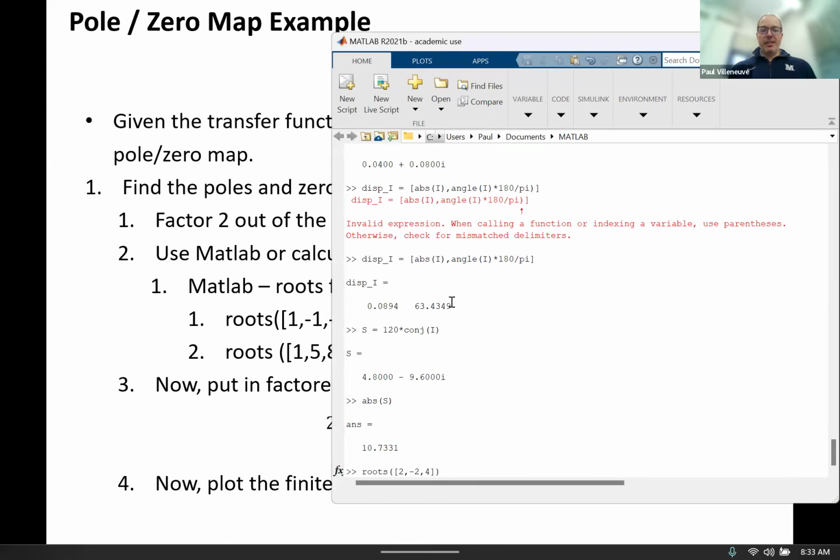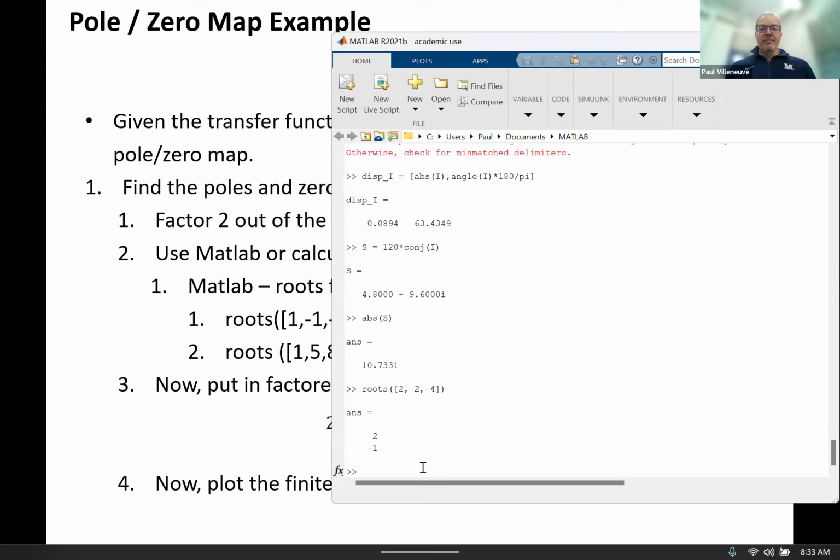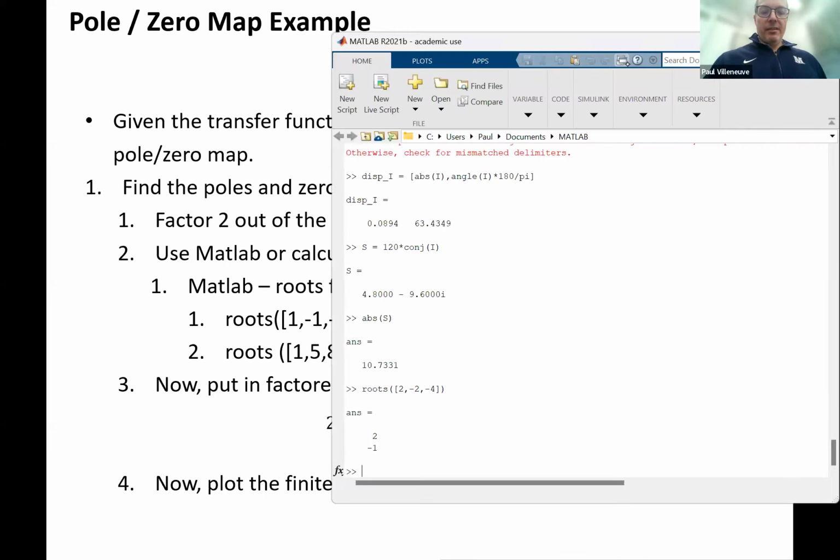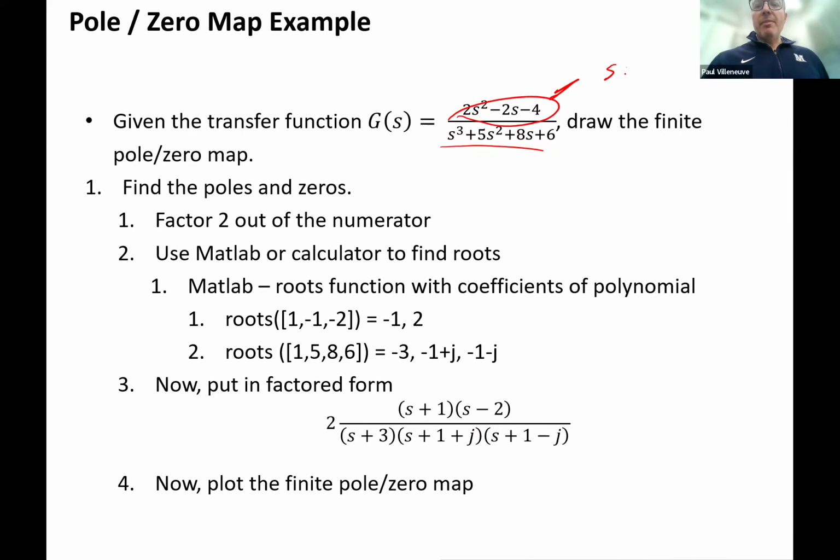Oh, -4, I said, not 4. And my roots are -1 and 2. So if I was to write that, this becomes S +1 times S -2, not +2.